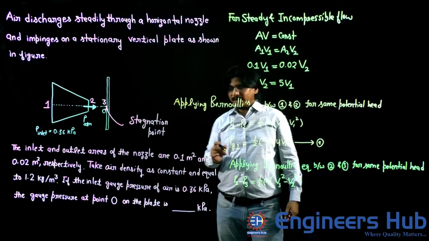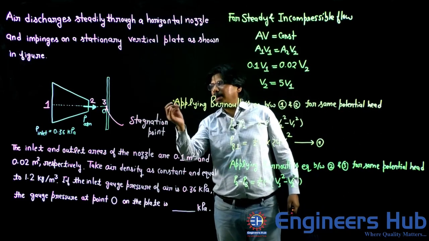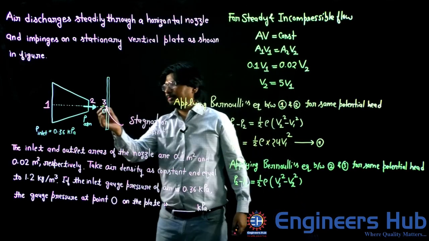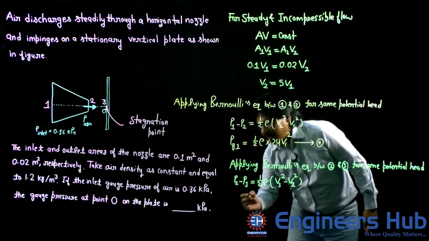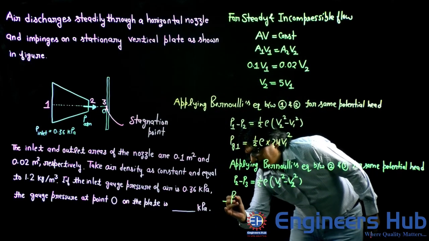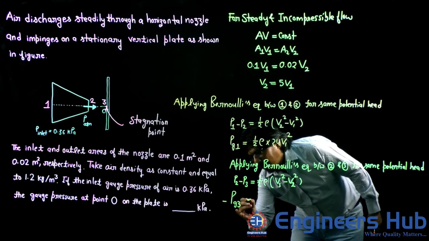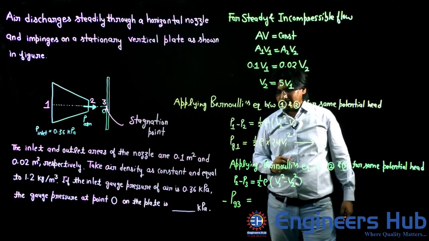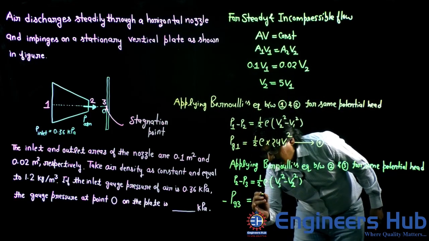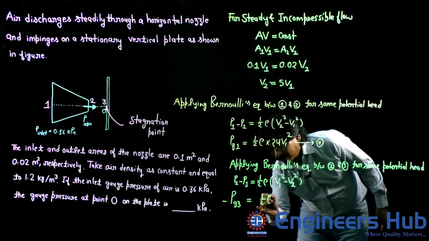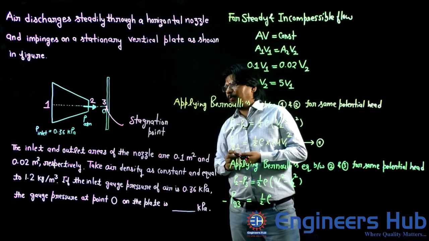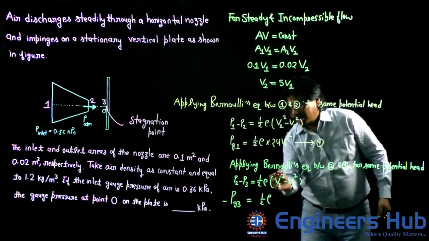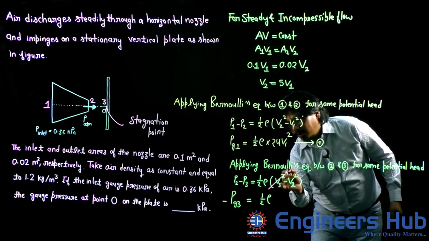Now look here, my friends. P2 is PATM, so P2 minus P3 becomes minus Pg3, the gas pressure at 3, equal to half rho. We already know point 3 is behaving as a stagnation point, so the velocity V3 here is 0.